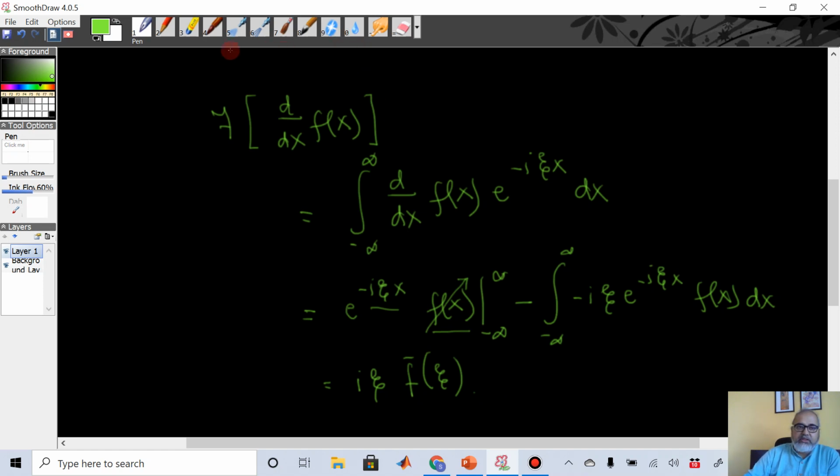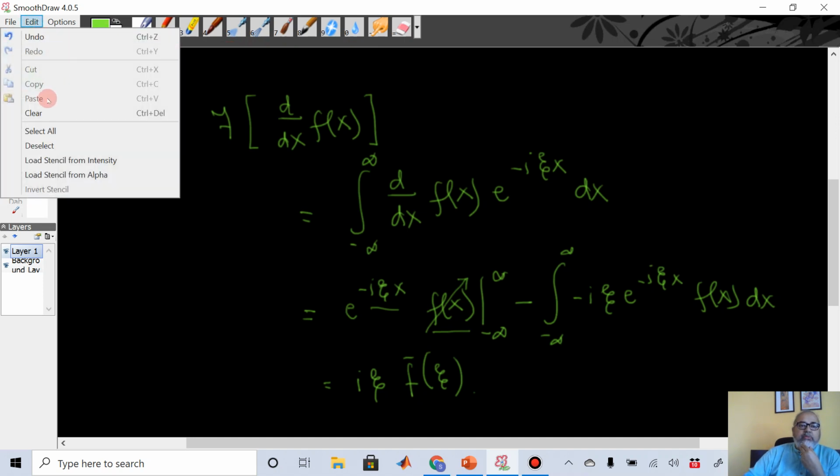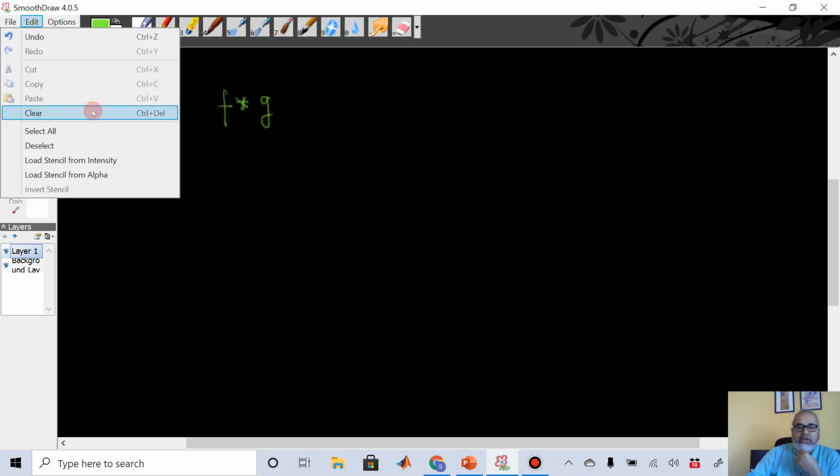Another important theorem that we are going to use is the convolution theorem. So for the convolution of two functions, you might already know, we denote it like this; let me write it explicitly.